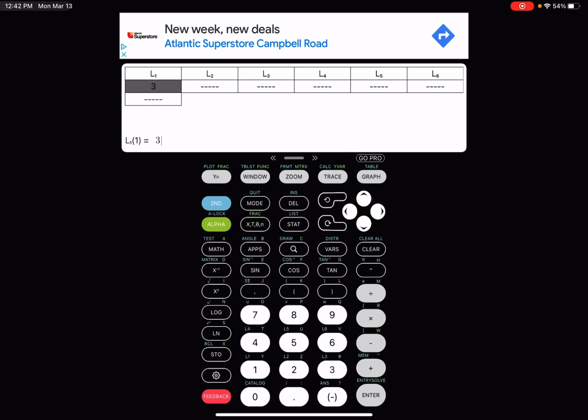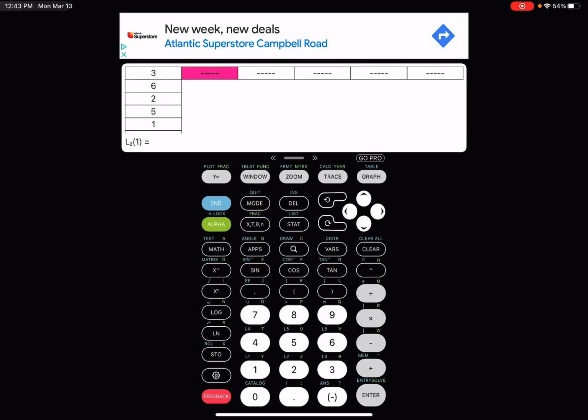So we have 3, 6, 2, 5, and 1. In L2, we're going to put all of our corresponding Y values. We've got 5, 15, 4, 9, and 3.